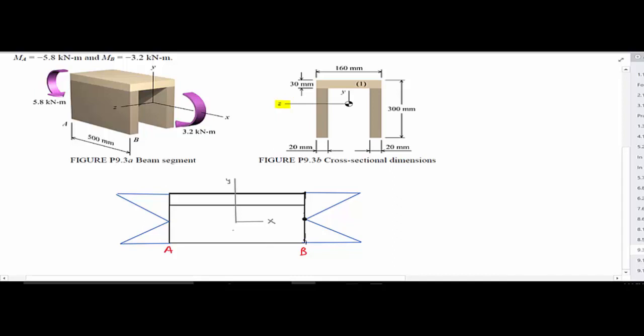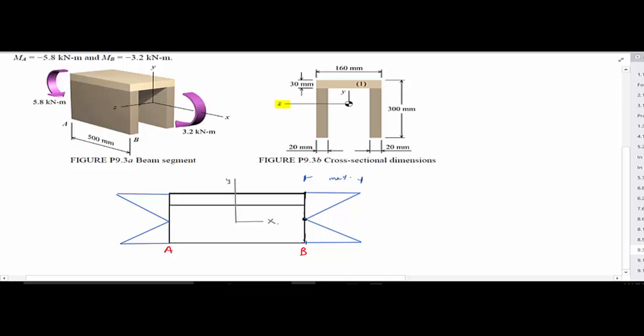The black rectangle in the center is our member, and we indicate our stresses in these triangles. Notice the magnitude is larger the further away it is, and it goes to 0 when we hit our neutral axis.